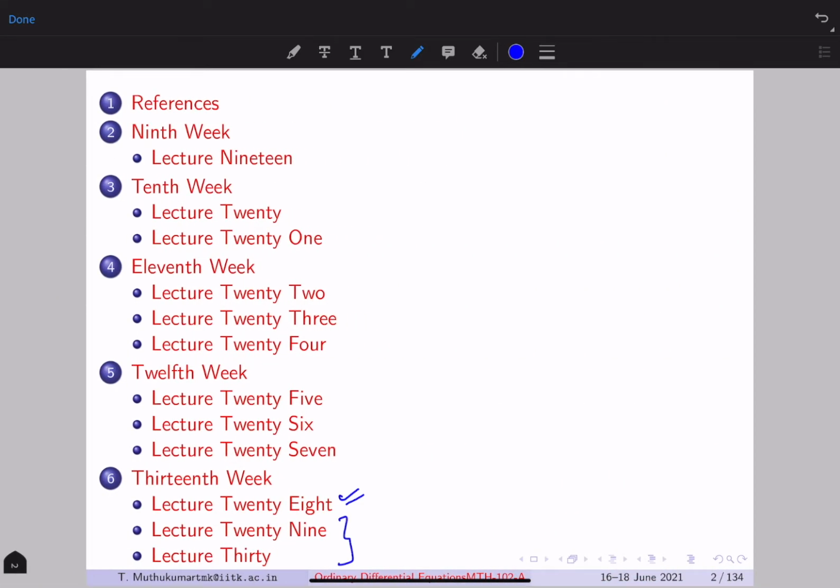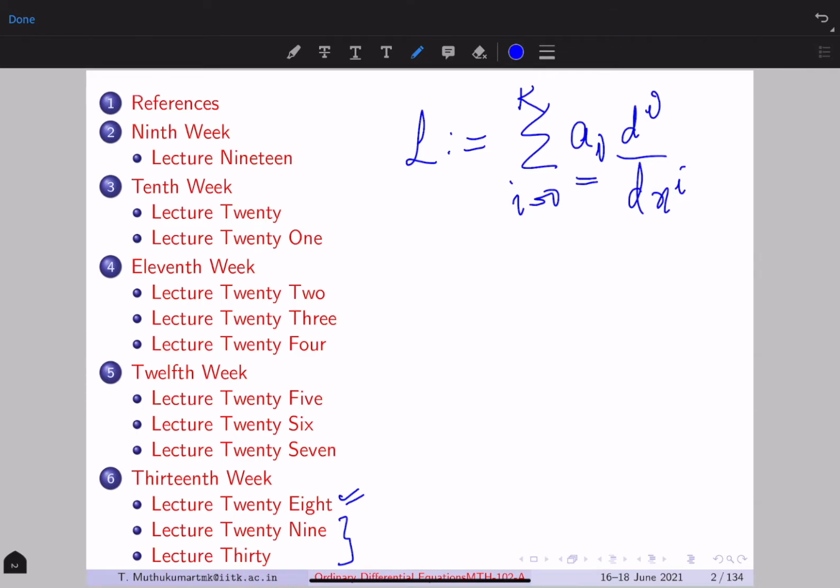In the previous lecture, what we had seen is when you have a linear kth order differential equation where the a_k were constants, constant functions independent of the x variable. So we saw solutions to this ODE.